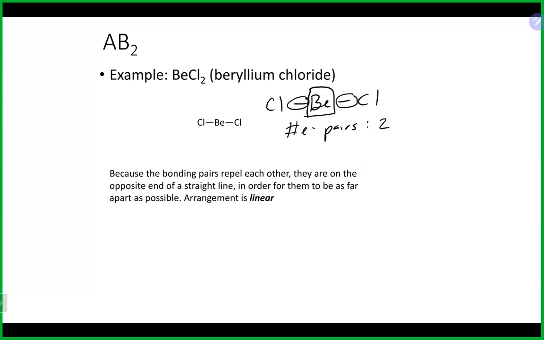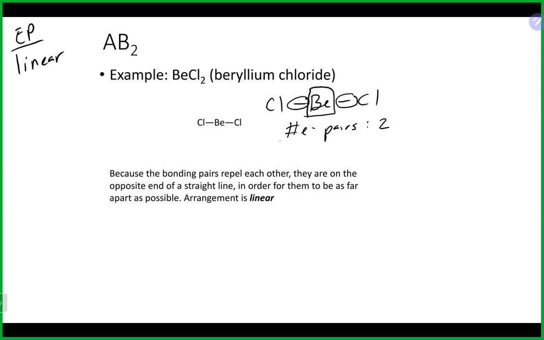Something with 2 electron pairs, the electron pair geometry name is what is known as linear. What's going to happen is those 2 electron pairs are going to try to get as far away as they can from each other. So they end up going on opposite sides of the center atom, and that is going to make them basically a straight line, which is why it's linear.